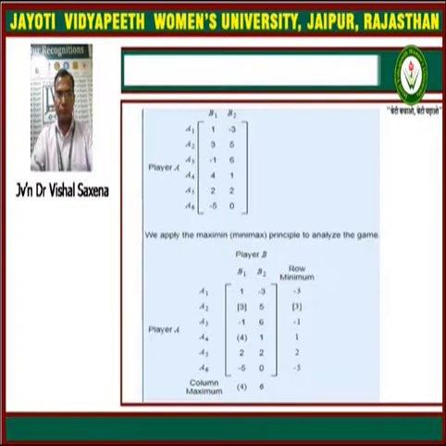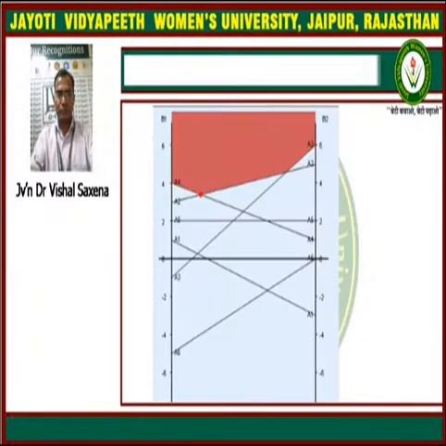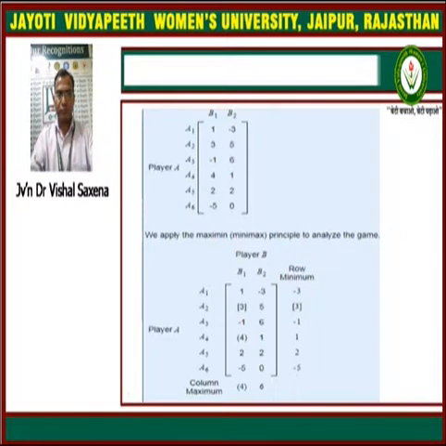So 1 and -3 are the values corresponding to B1 and B2, and we have to take 1 and -3 on these two lines. On B1 we take 1, and on B2 we take -3, and we draw a line, which corresponds to A1.